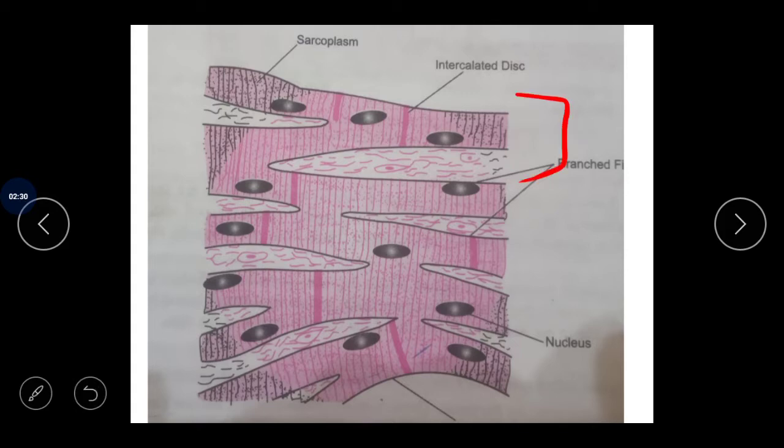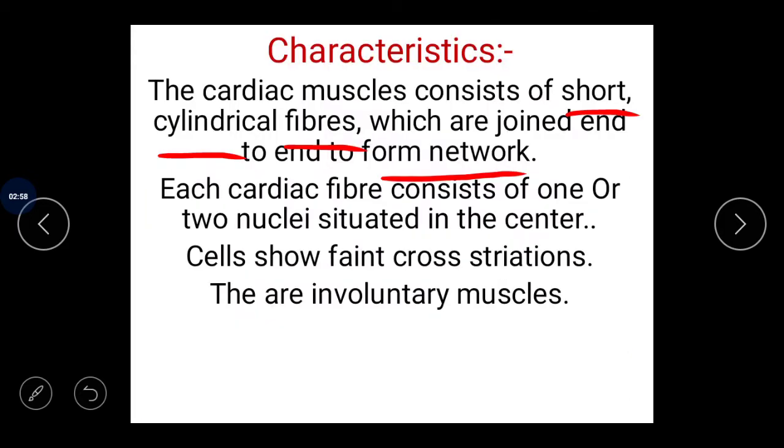In the previous muscles, the striated and unstriated muscles, maybe they were cylindrical, having the nucleus in the center, or maybe towards the periphery, towards the sarcolemma. But here each muscle fiber is branched, while the earlier muscles we discussed were unbranched. Here the muscles are branched, and each cardiac muscle fiber consists of one or more nuclei situated in the center.